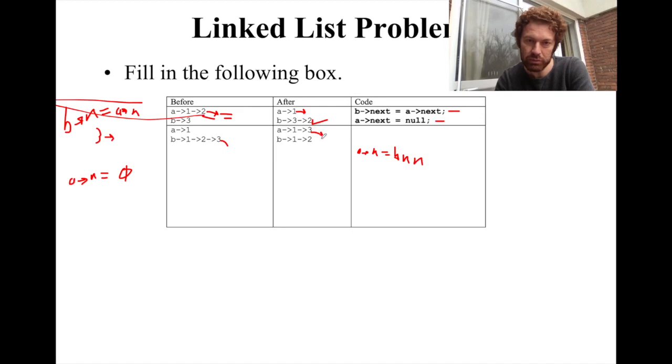So I have this now, and now I can get rid of the last element here. How can I do it? Using b dot next, so b dot next is null, because it is normally 3. I want it to be null.